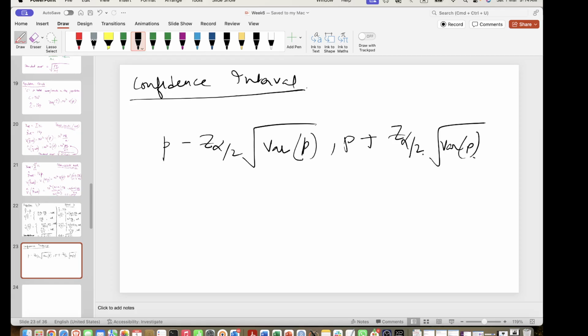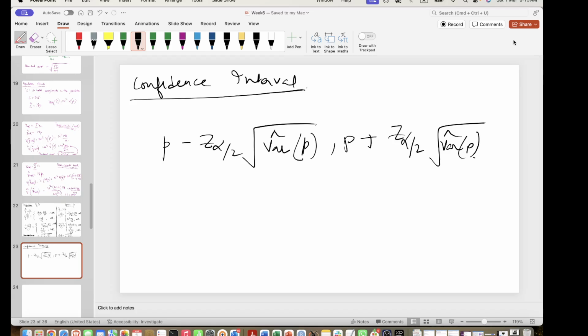Now mind you, we are not writing variance hat of p over here, so it should have variance of p, because that is what we are specifying.